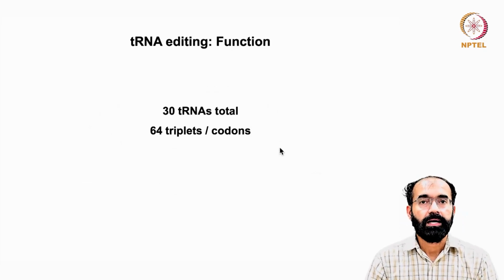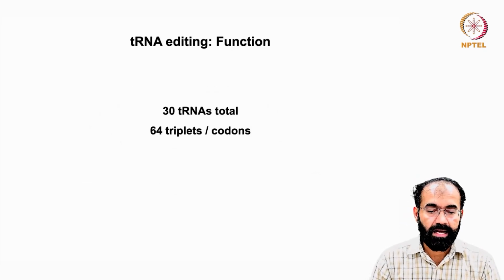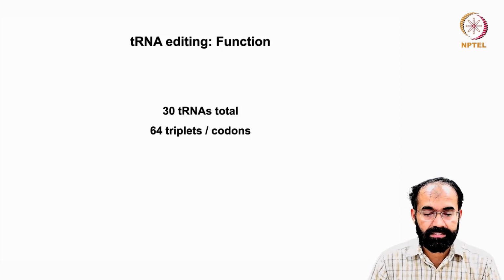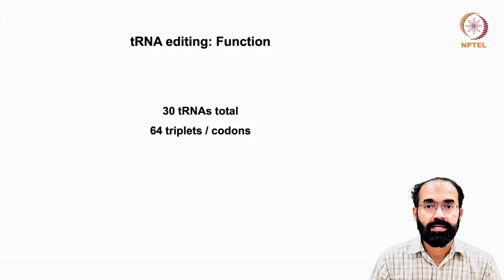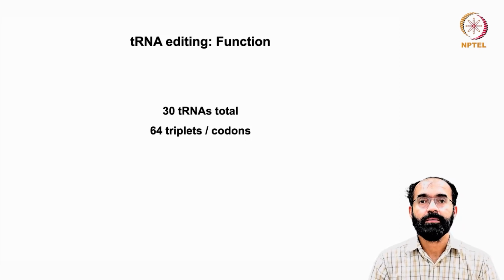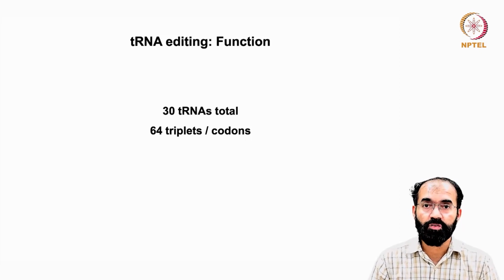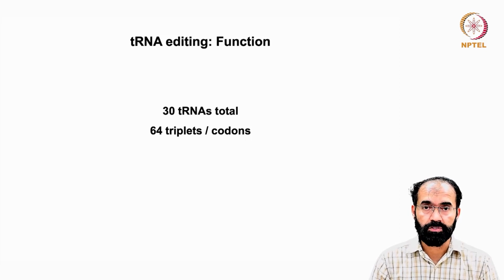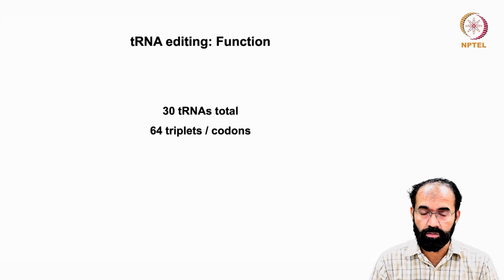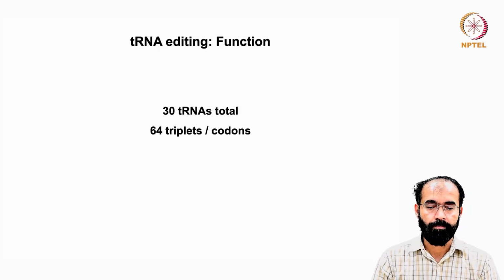Now the outcome is that there are 30 tRNAs in total, and 64 triplet codons. 61 bring in an amino acid, and 3 of them bring no amino acids, and we call them stop codons or nonsense codons.